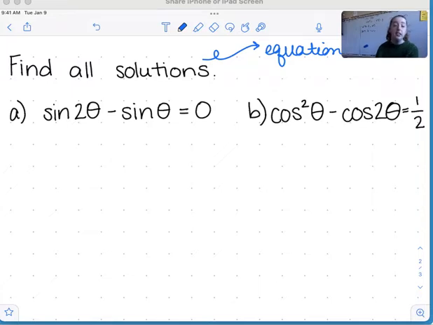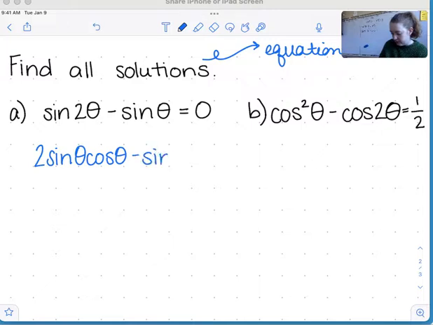So we have sine of 2 theta minus sine theta equals 0. We need to replace sine of 2 theta with something that we know. The identity says that the sine of 2 theta is equal to 2 sine cosine. So I'm going to change this to 2 sine cosine. Then we still have minus sine equals 0.